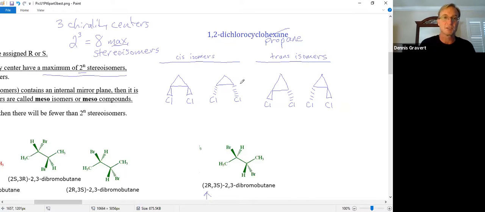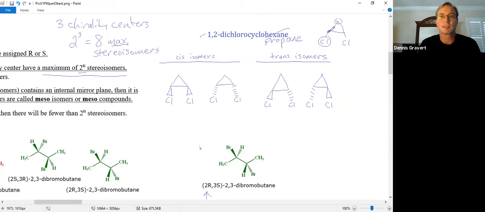Okay, so in a stepwise approach, maybe you could have said, here's the name, draw the structure: cyclopropane ring with a chlorine on carbon 1 and chlorine on carbon 2. Oh wait, are there chirality centers? Yes, this carbon here is attached to a chlorine.